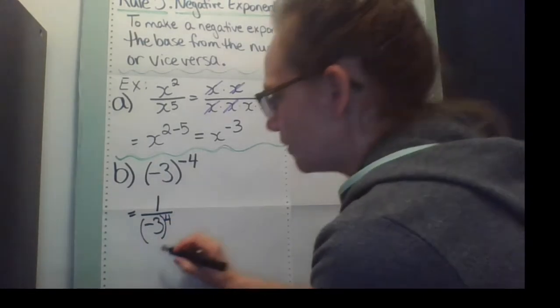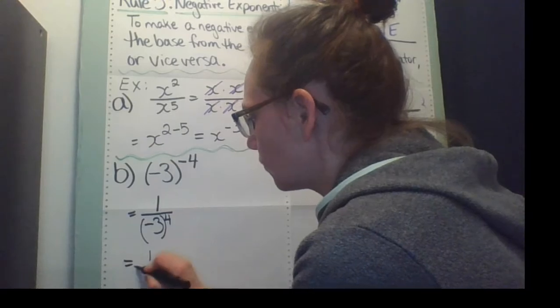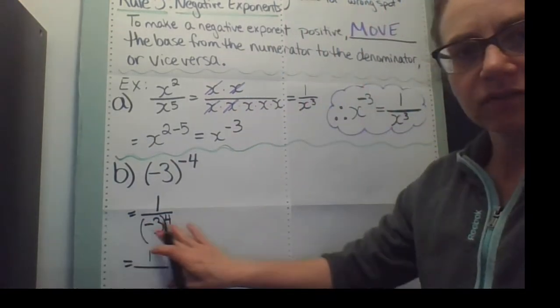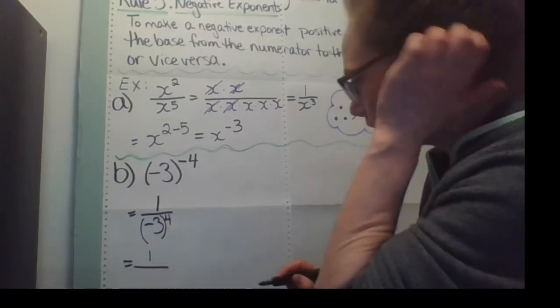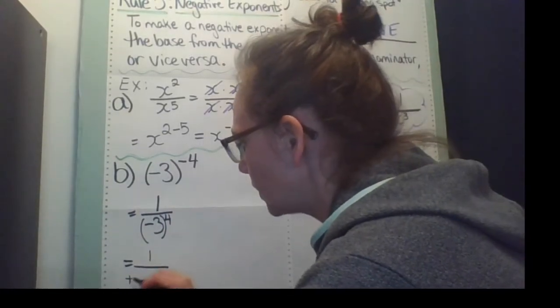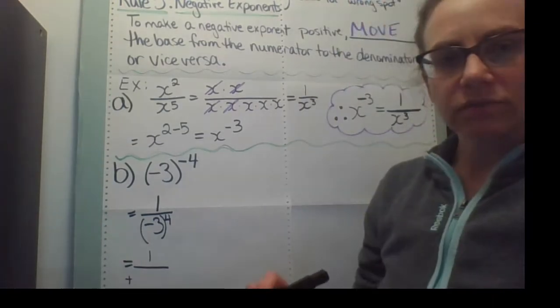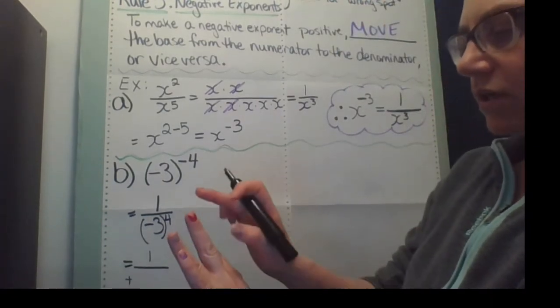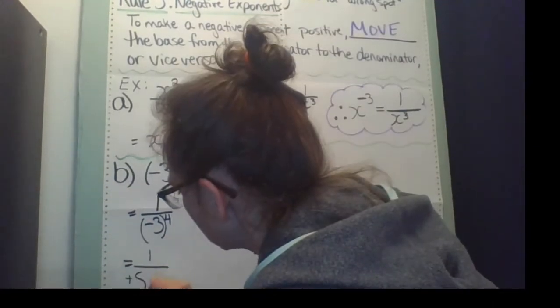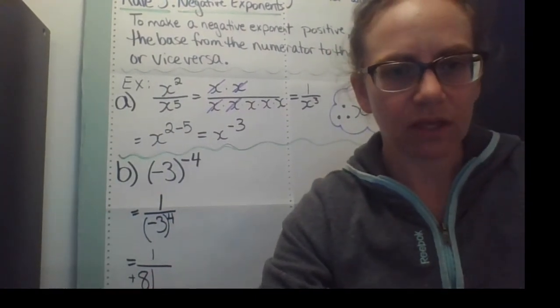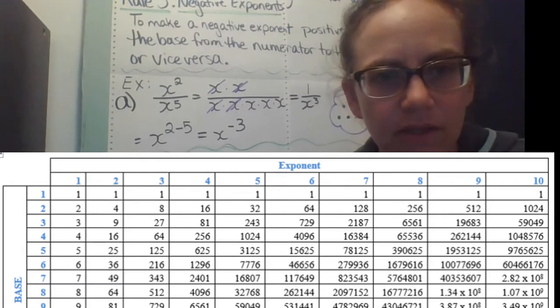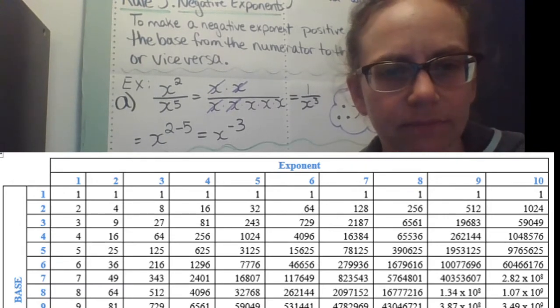So to finish it off, I have 1 over negative 3 to the 4. A negative to any even numbered exponent is going to give me a positive. So I'm going to end up with a positive 3 to the exponent 4. 3 times 3 is 9, 9 times 9 is 81, so it gives me 1 over 81. And don't forget, you can always look that up on your table. 3 to the exponent 4 is 81.